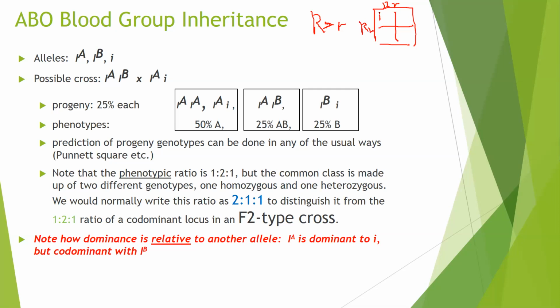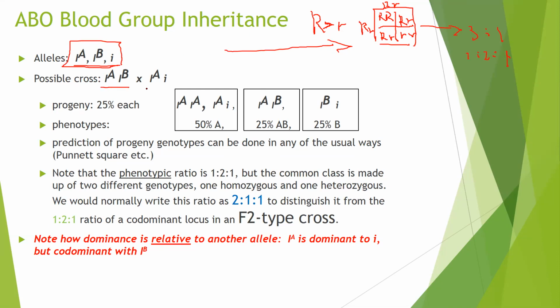It will give you a 3-to-1 phenotypic ratio, and the genotypic ratio is 1-to-2-to-1. When we talk about more than two alleles, we can still leverage the 2x2 Punnett square to study any cross.